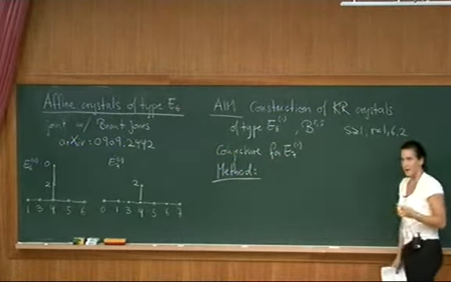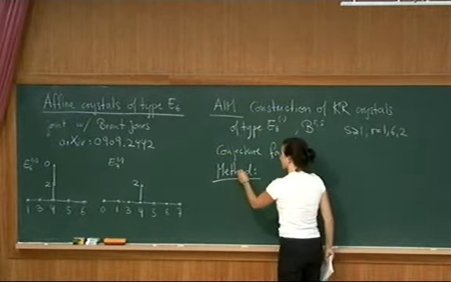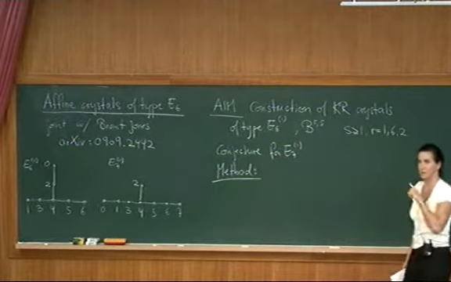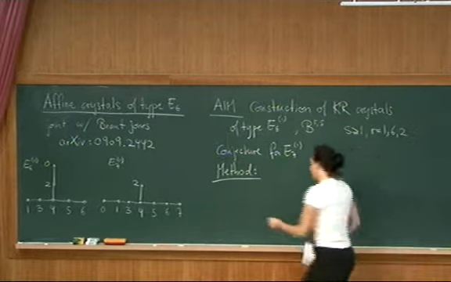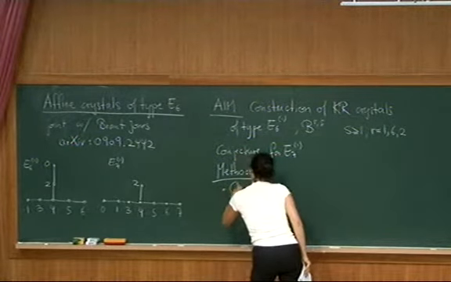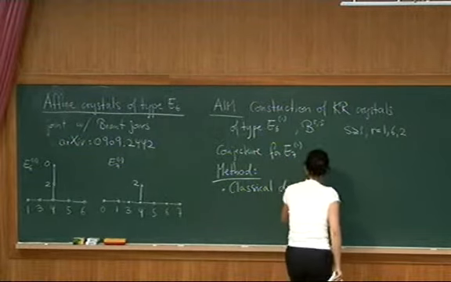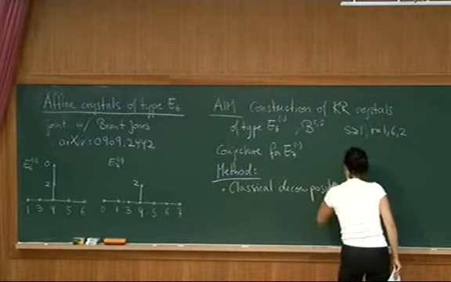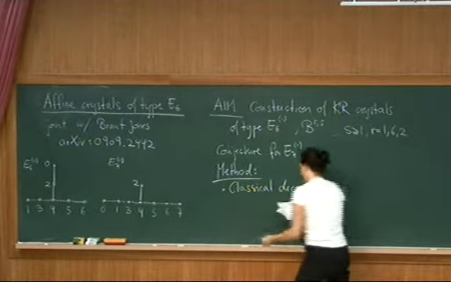So the method is that we are going to use the classical decomposition of these Kirillov-Reshetikhin crystals that was given by Chari. So we know that the classical decomposition in the cases that we are interested in is given as follows.